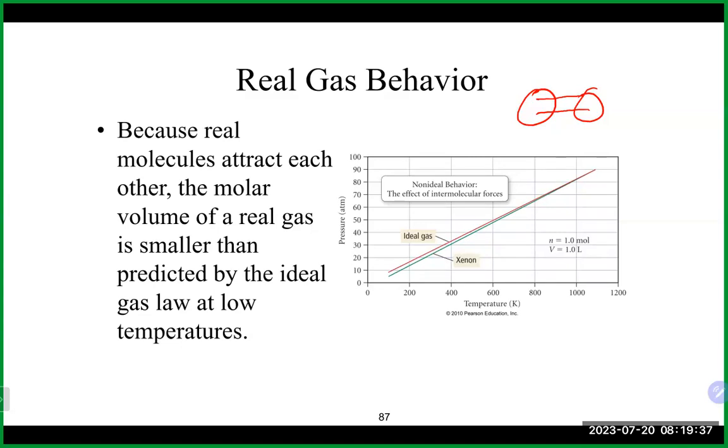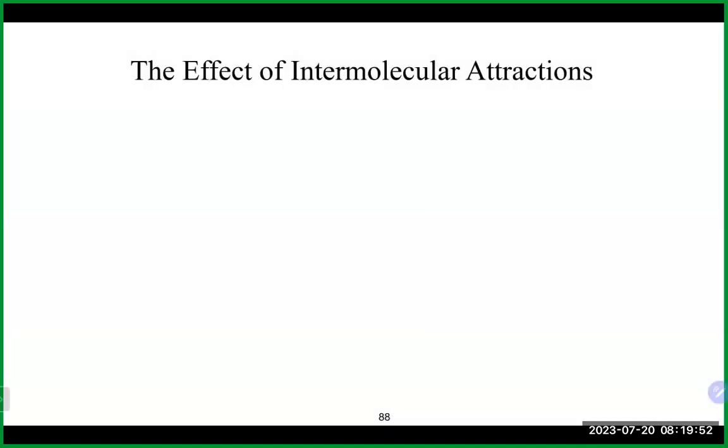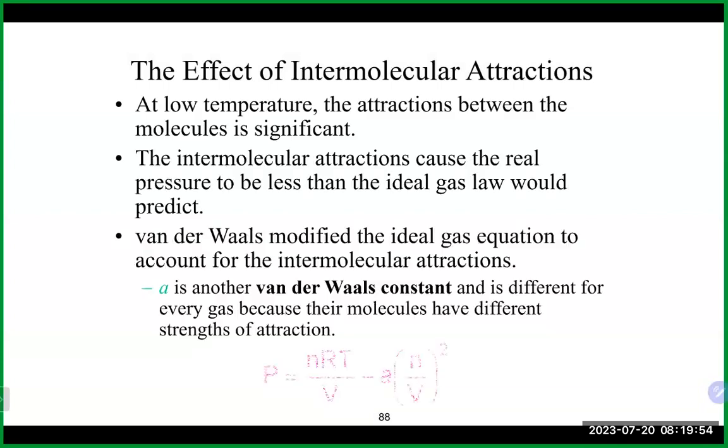So what we do see here is a decrease in the molar volume of an ideal gas versus a real gas at these low temperatures. So van der Waals came up with a correction value for that as well, for those intermolecular forces. And this is that value here, the correction for those intermolecular forces.